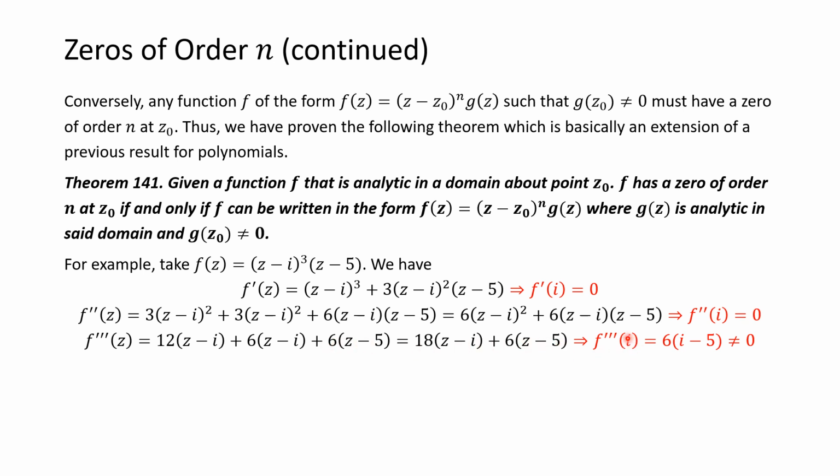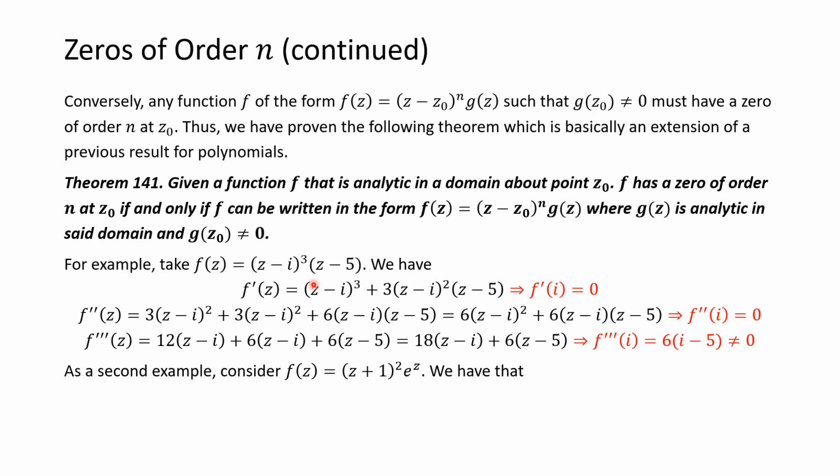So when you put in i now, this term goes away, but this term, this is like your g of z, does not equal 0. It equals 6 times (i minus 5). So we have established through the definition of a zero of order 3 in this case that this function f of z has a root i of order 3.